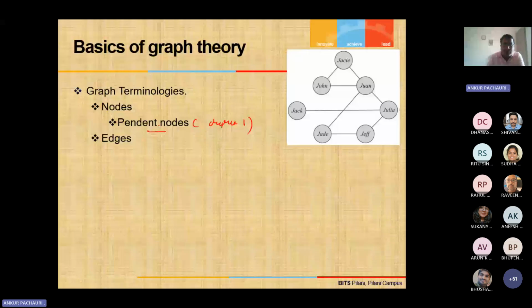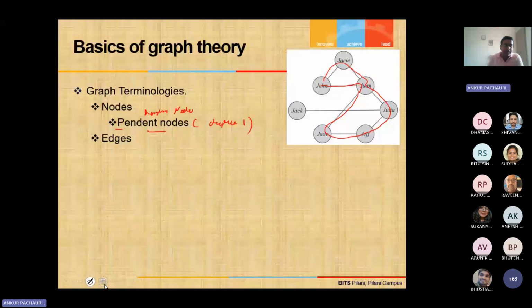The reason why they are important is that if I'm going through a network, I have an option of coming in from one edge and going out from another edge. So nodes with multiple degrees, greater than 1, may be useful. The nodes with degree 1 are called pendant vertices, or another name, hanging nodes.